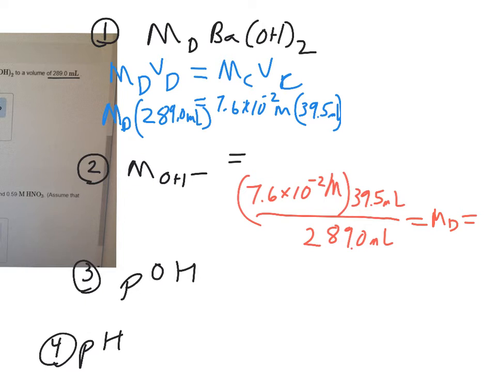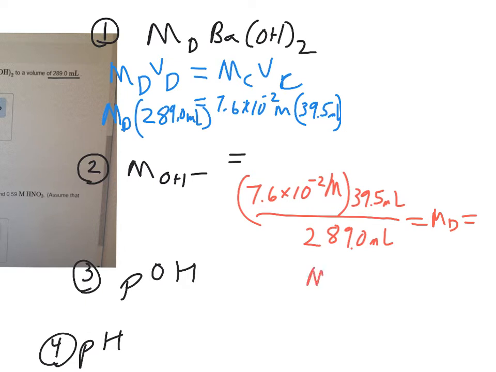And that formula should be one you remember from 170. Molarity of the dilute times the volume of the dilute equals the molarity of the concentrate. Oh, actually, I reviewed it for you at the beginning of the semester because it's so important to what you do this semester. 7.6 E negative 2 times 39.5 divided by 289.